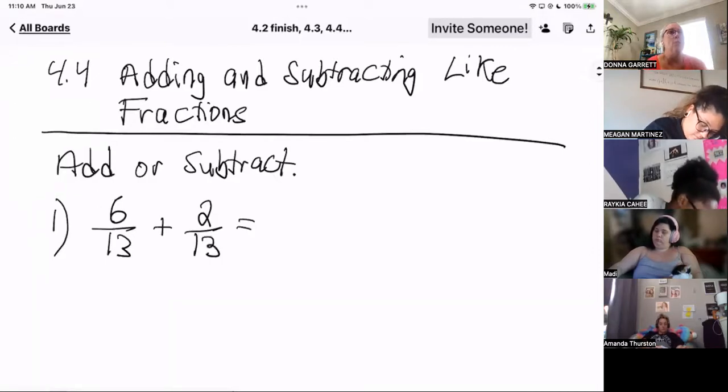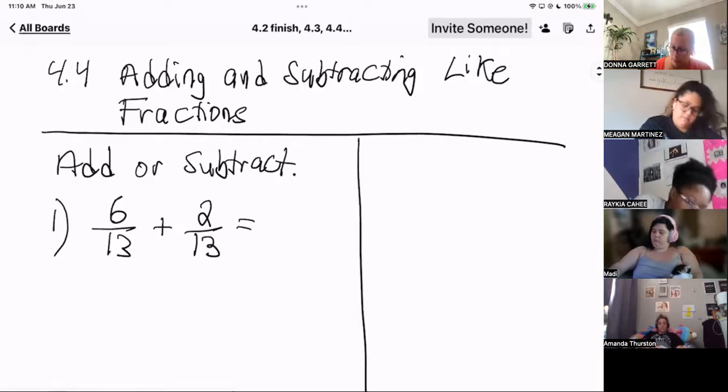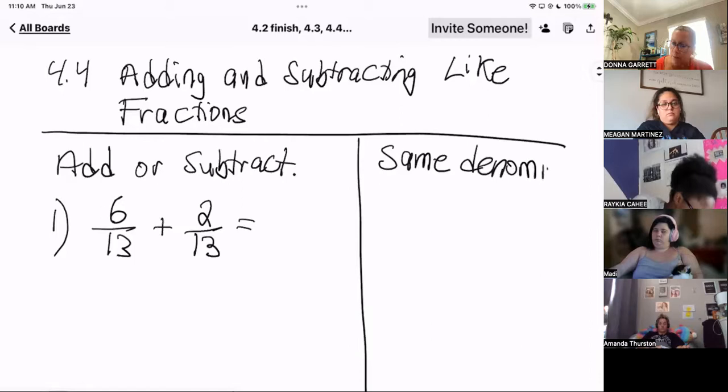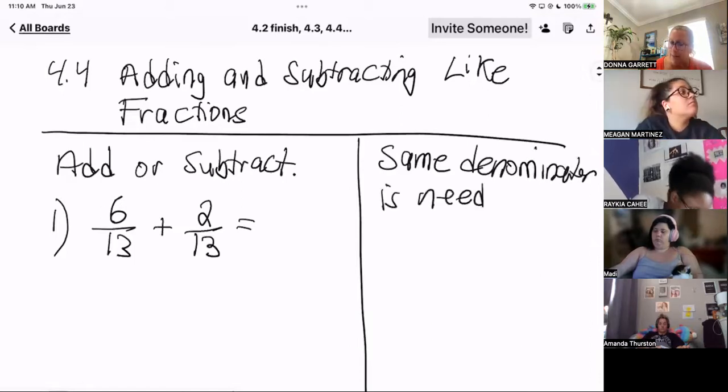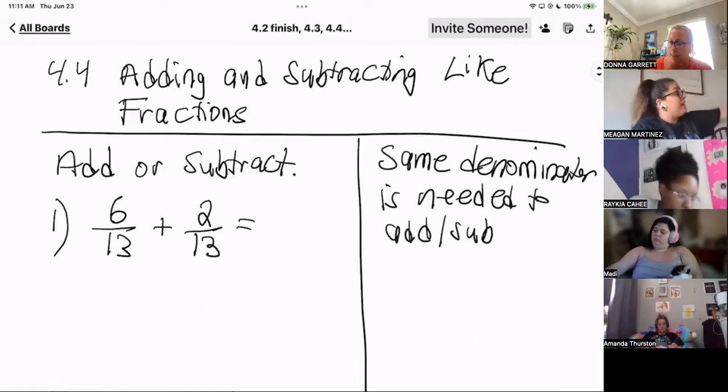This is different than multiplying and dividing in the fact that you have to have the same denominator. Same denominator is needed to add or subtract fractions.